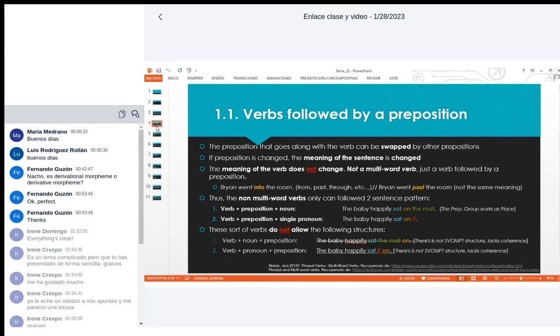For example, the baby happily sat it on. Again, there's no way of understanding the sentence. The preposition here performs a complement which is expressing where the baby happily sat. So it is complementing the information of sat, but it is not modifying the meaning of sat.